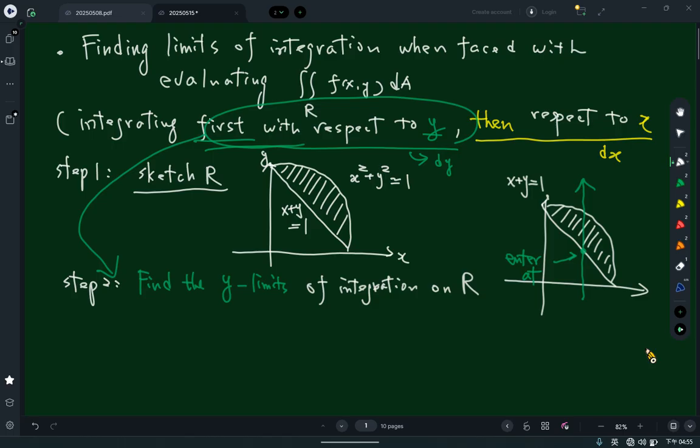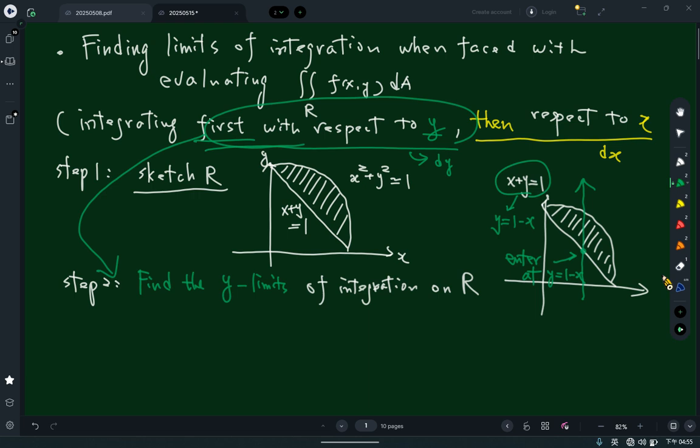Then, because right now we just want to find the y limit following this vertical line, we need to know the enter point. What the enter point is? So enter at. So you can convert it into y is equal to 1 minus x. So enter at y is equal to 1 minus x.